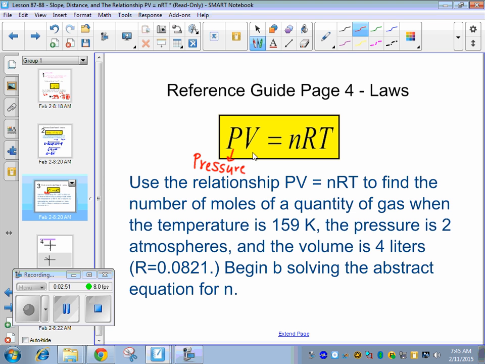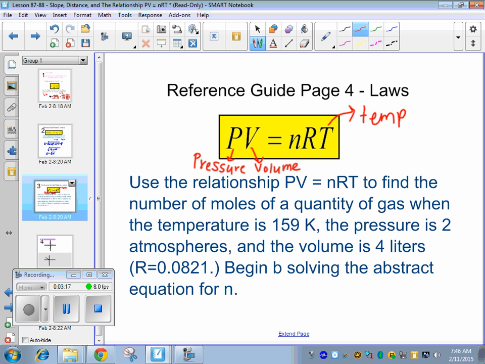Pressure. Anyone have a guess what the V is? Volume. Okay. And how about the T? Time. No. Yeah. Temperature. And N is new and R is new.